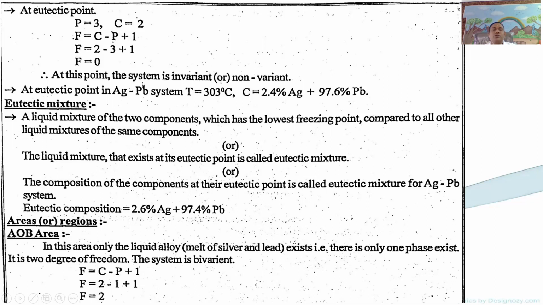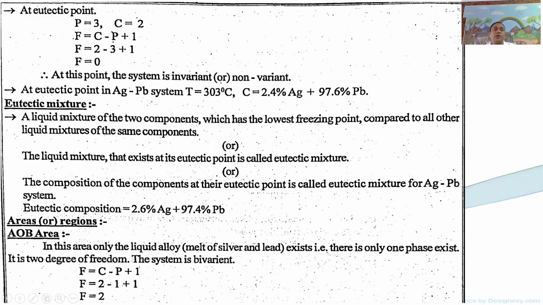This means that at this point the system is invariant or non-variant. At the eutectic point in the silver-lead system, the temperature is 303 degrees centigrade, and the composition is 2.4% silver and 97.6% lead.